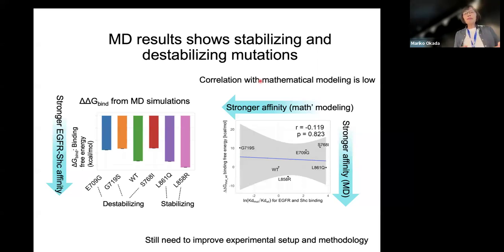So this is a preliminary result we obtained by comparing the MD and the mechanistic simulation, and we see that there is not that good a correlation, but in the case of the free energy calculation, we see that those mutations may have a lower affinity to SIC, and this mutation has a higher affinity to SIC.